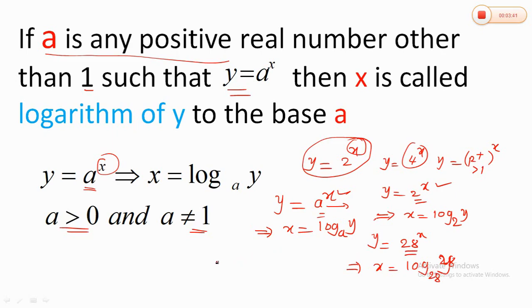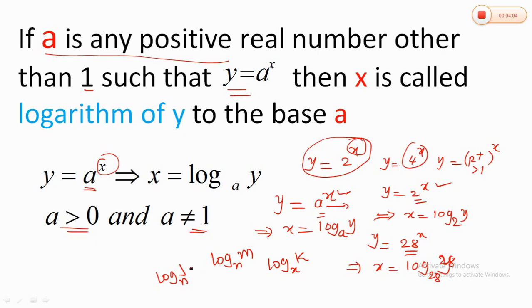So observe, first try to read this: log m to the base n, log k to the base x, log j to the base n. Like that, first try it.